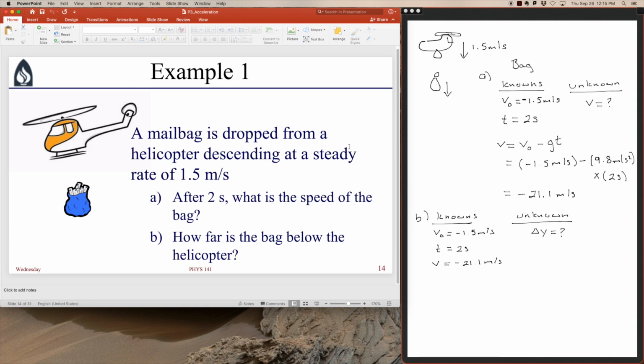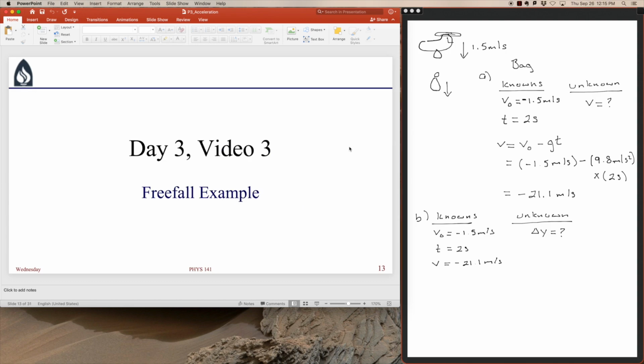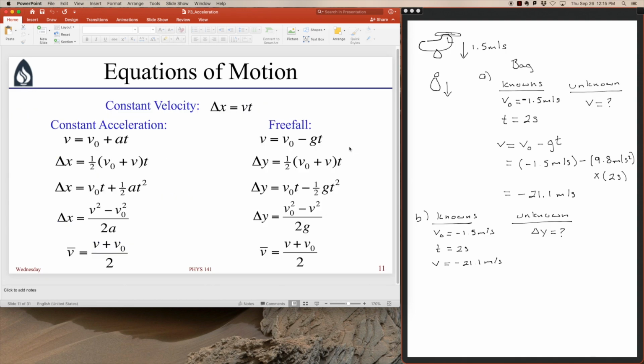So now I can go back to my freefall equations and look for ones that will give me my delta y given the information that I know. So it looks at this point like there are multiple equations that I could use to solve for delta y. I've solved for one thing already, and I have a lot of information at this point.